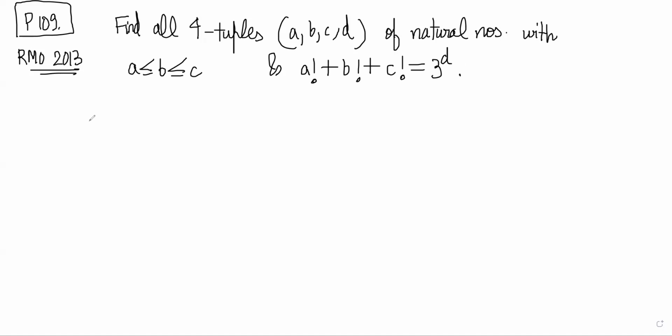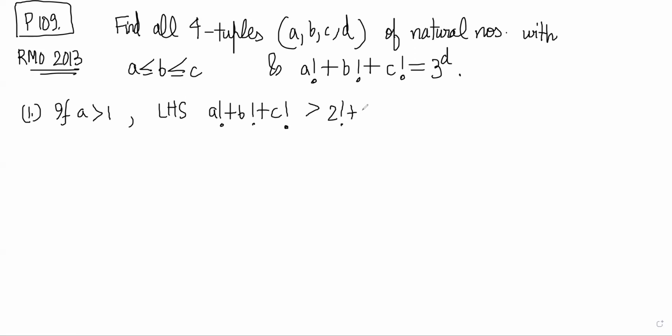Okay, so we'll go about this in steps. First, let's think about the value of A. So the first claim that I will make is: if A is greater than 1, then A could be 2, right? And if A is 2, then B will be bigger than 2 and C will be bigger than 2. So then the left-hand side, which is A factorial plus B factorial plus C factorial, will be 2 factorial and higher factorials, right?